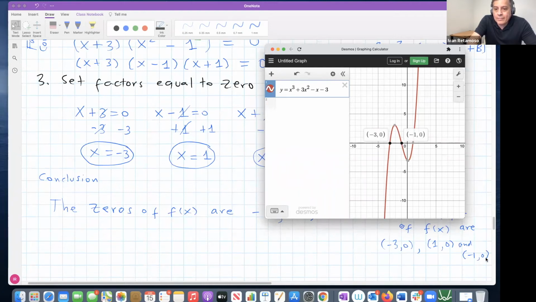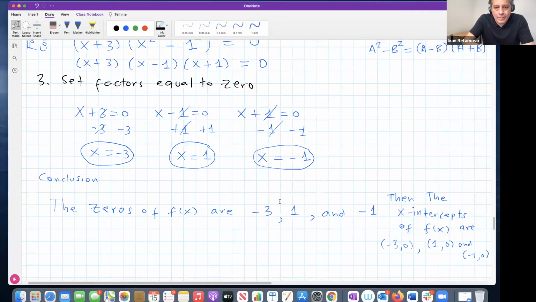And the third x-intercept, the third point where the graph meets the x-axis, 1, 0 is here, right? Try to remember this, guys, because there will be a moment when we will have to use this. Whenever you cannot factor, use this graphing tool to find your x-intercepts, therefore your zeros, of your polynomial functions. Great.